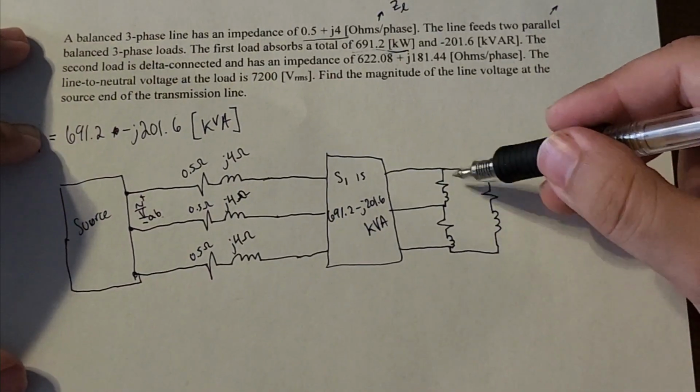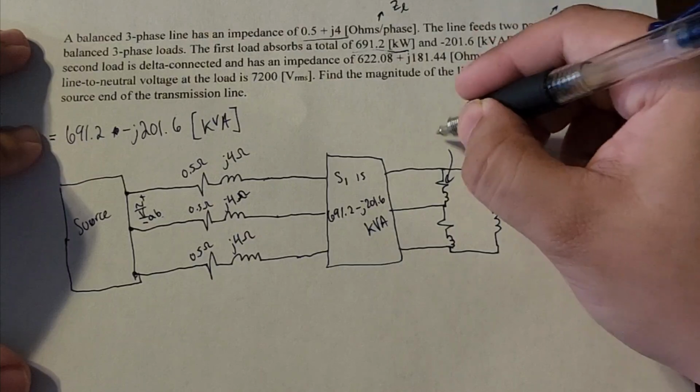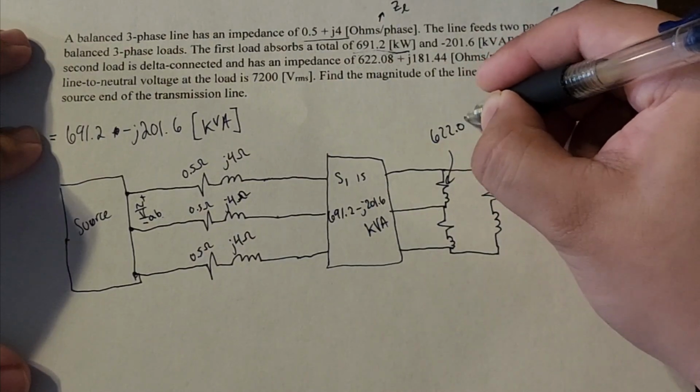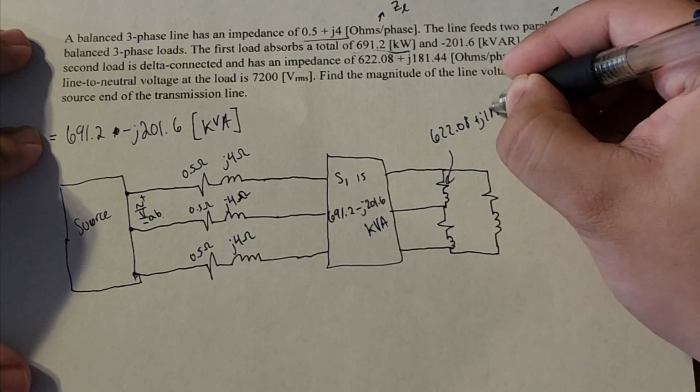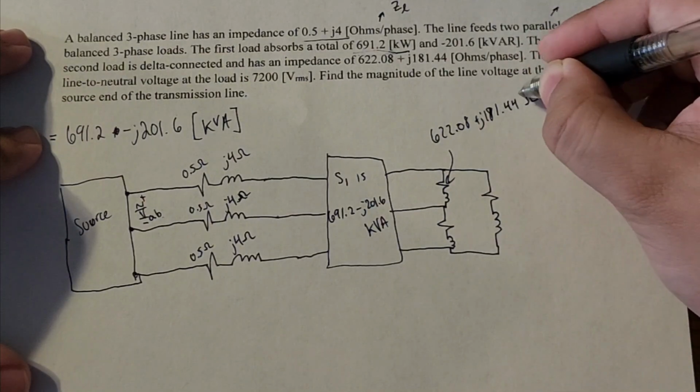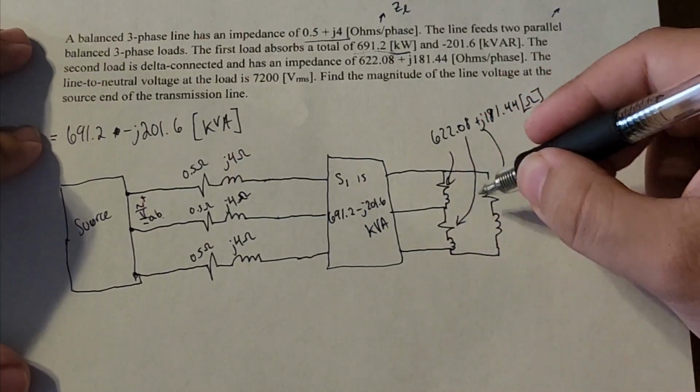This looks pretty bad, but that's what we have here. And each one of them, since I didn't leave myself enough space, is 622.08 plus j181.44 ohms. Each of them will go to these phases.